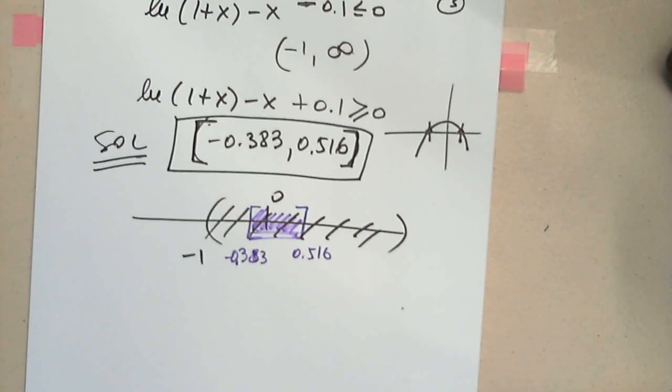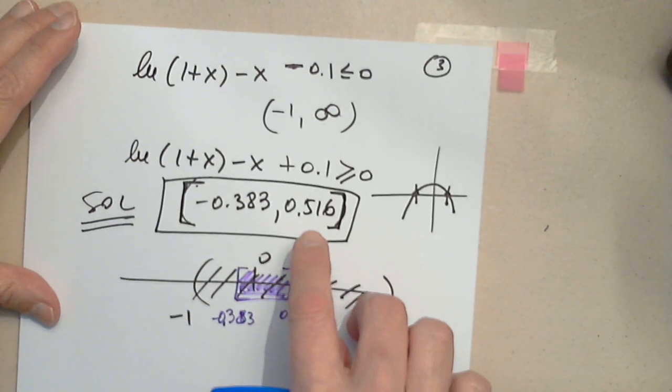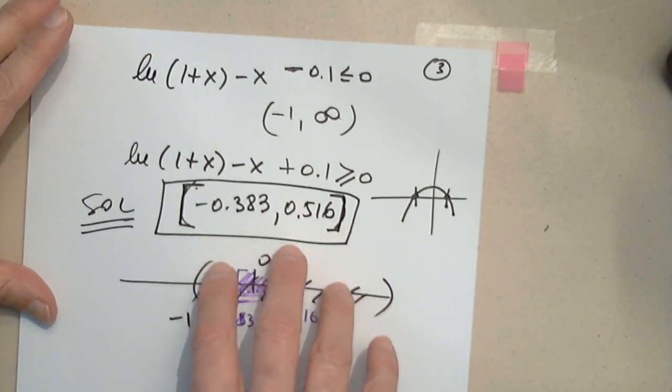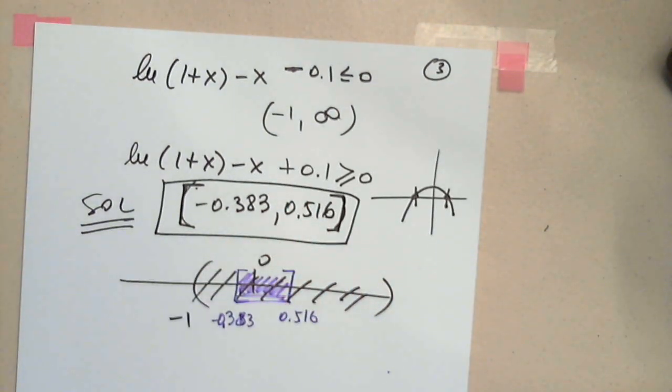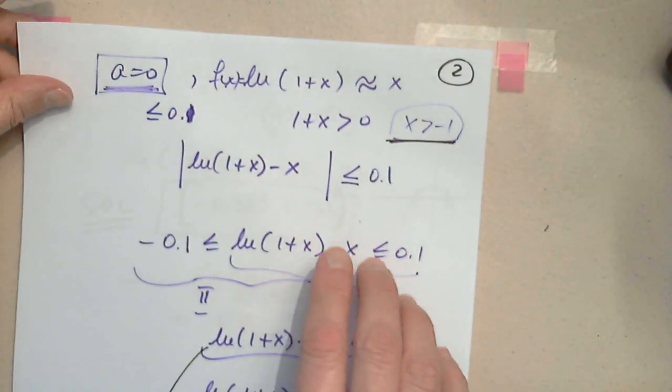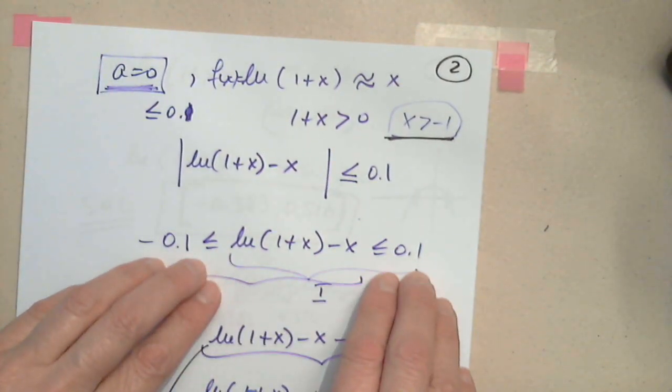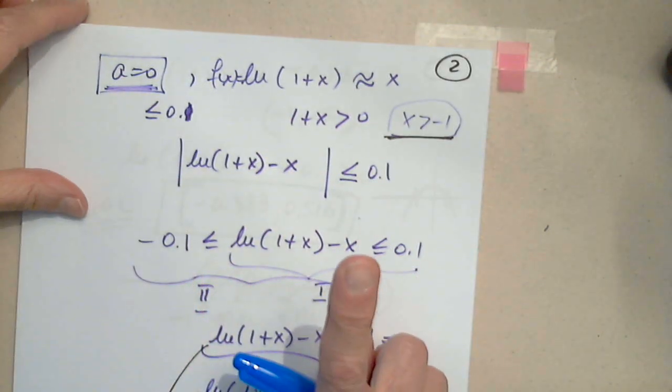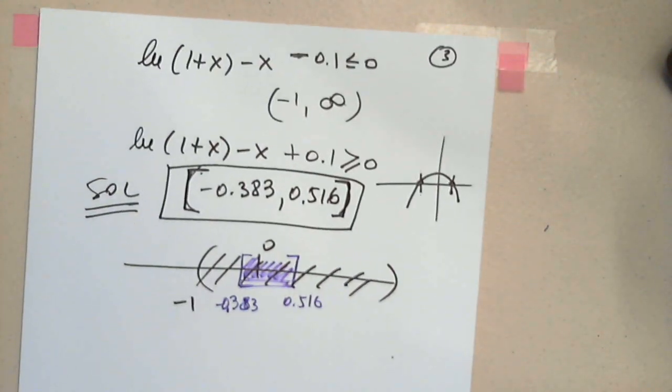Actually, which inequality led to the plus 0.1 and minus 0.1 for each of those separate inequalities? You mean this one? Yes. Okay, let me explain. Very good question.